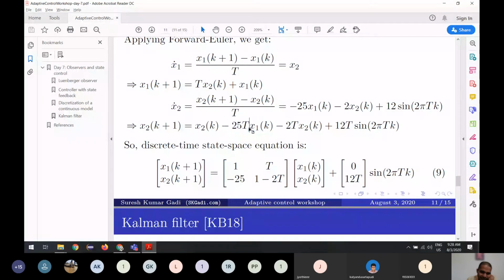Actually, the t is missing, I should write the t here. 25 times t, and the coefficients of x2 are 1 and minus 2t, so 1 minus 2t. And this is the x1, x2 matrix form. The external force we are applying here is 12t times the sine of this.